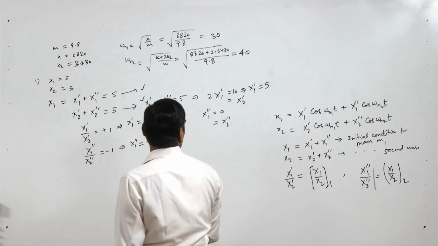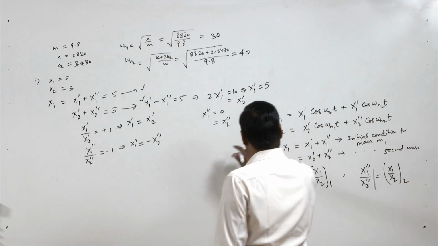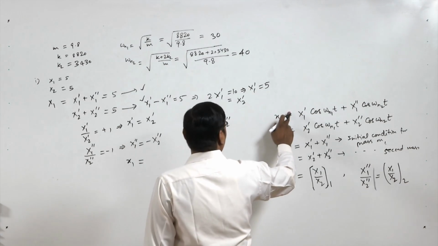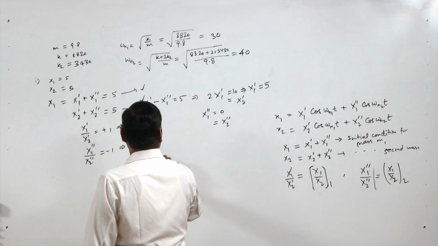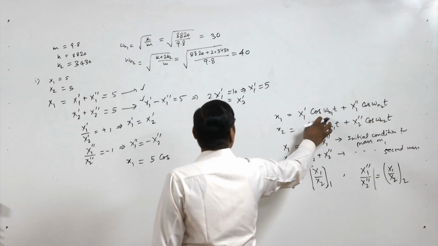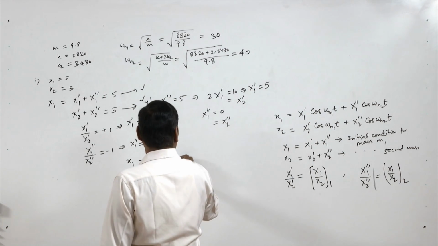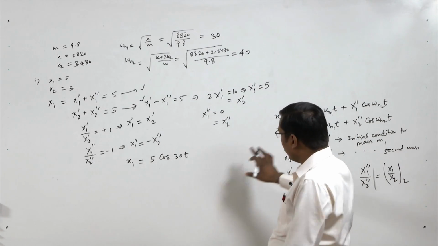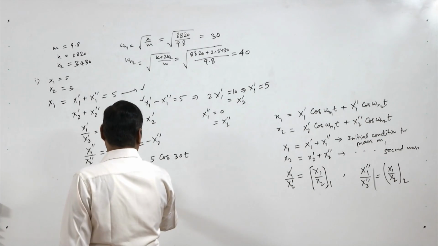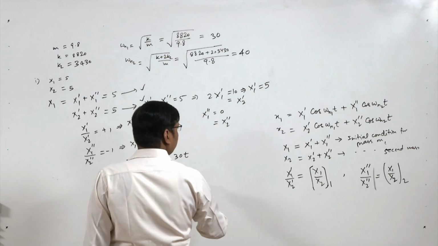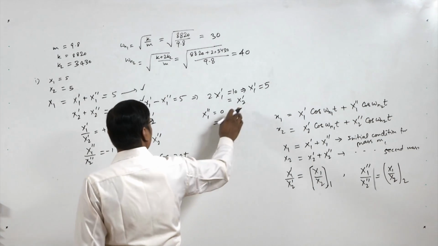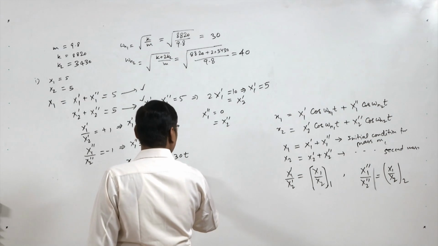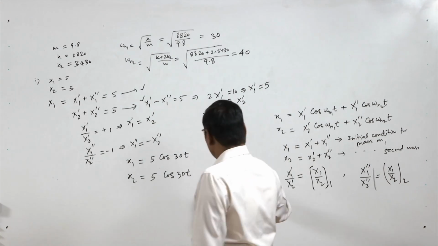So what will be the equation of the resultant motion? x1 equal to x1 dash, that is 5 cos omega n1 t, omega n1 is 30, so 5 cos 30 t. Now x1 double dash is 0, so that part will not be here, and x2 equal to x2 dash, so x2 is 5 cos 30 t, again x2 double dash is 0.